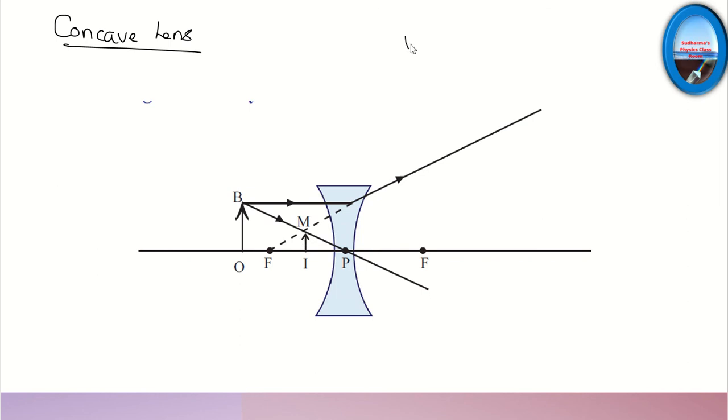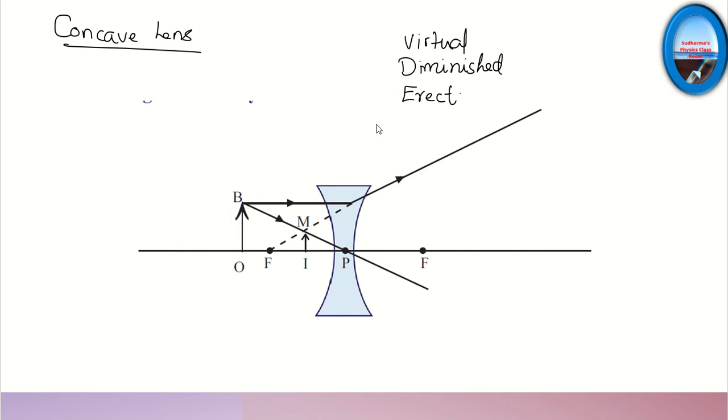So the image is virtual, diminished, a small image, and erect. Same side as the object, or same side of the lens. It's in front of the lens.